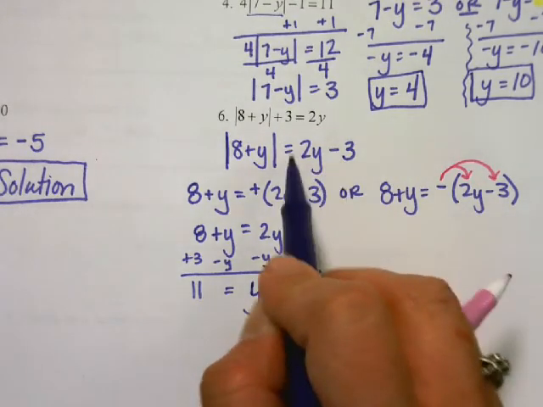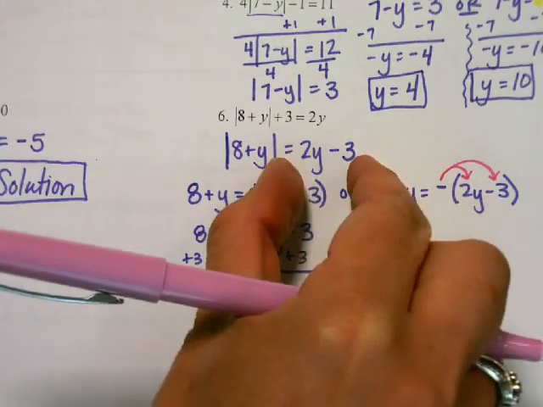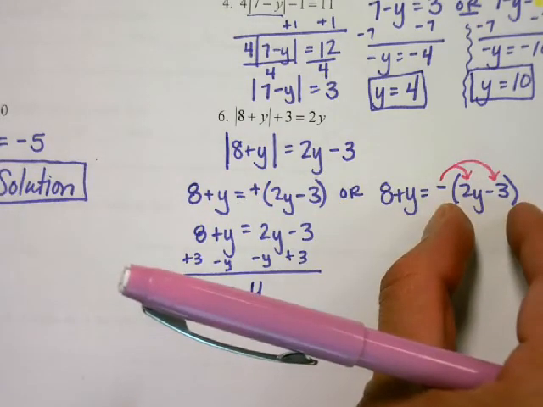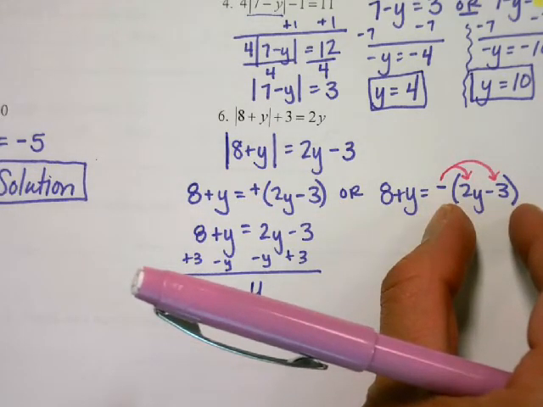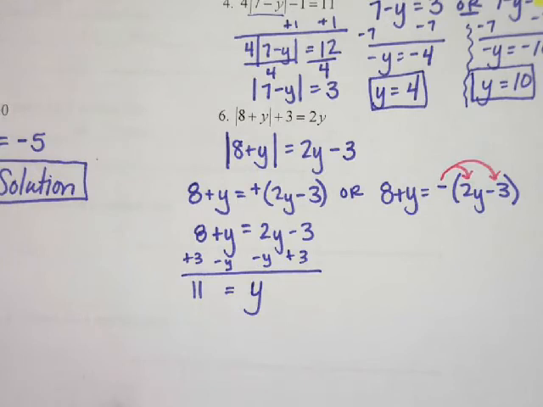So don't change this side because this whole chunk is going to be positive. That whole chunk will be negative. Okay, think about it as like one chunk. That's why I put parentheses around it.